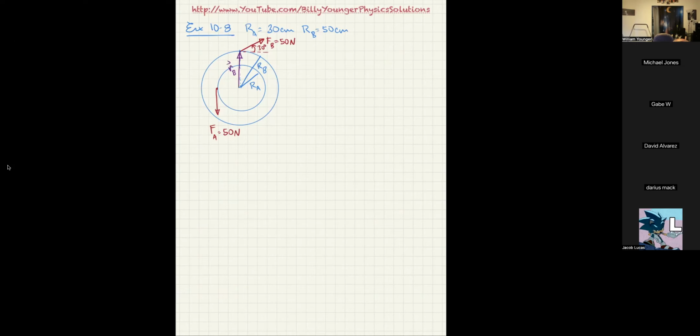And of course, you can figure out that the component of F perpendicular to that would be the cosine of 30 degrees times the 50 newtons because we want the component that's in the x direction. We also notice that the FB is a clockwise torque. So again, we use our sign convention.